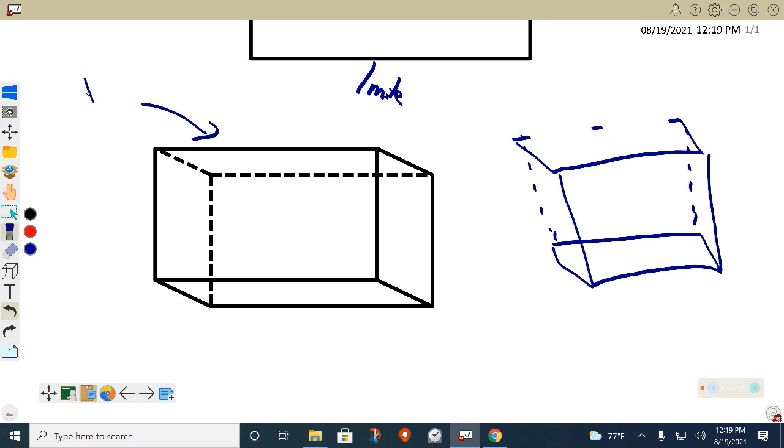I'm going to write the word prism and put an arrow on that gizmo.